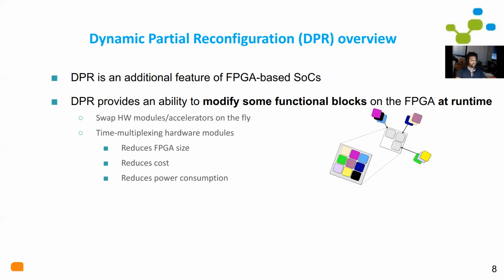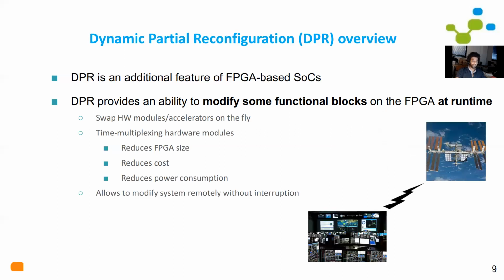Dynamic partial reconfiguration, or DPR, also gives us the possibility to time multiplex hardware modules, given that our accelerators are not going to be running on the FPGA all at the same time. We can use some sort of time multiplexing to configure our accelerators onto the FPGA, therefore reducing power, the cost of the FPGA, as well as the size of the FPGA.